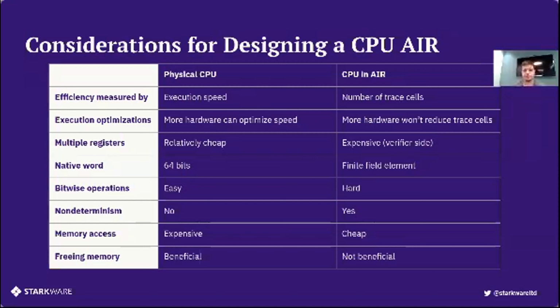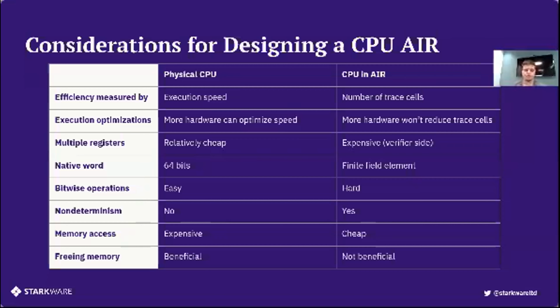The native word in CPUs is bits, 64 bits usually. In AIR, it's the field element, because that's how STARKs work. Every cell on the trace is a finite field element. This means that bitwise operations are easy in physical CPUs because they work with bits, and they're hard in AIR.